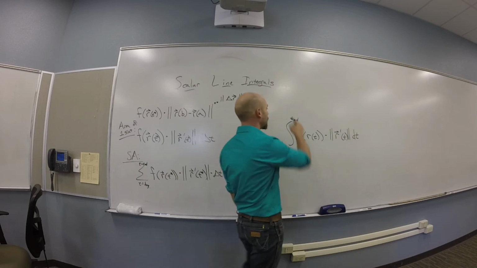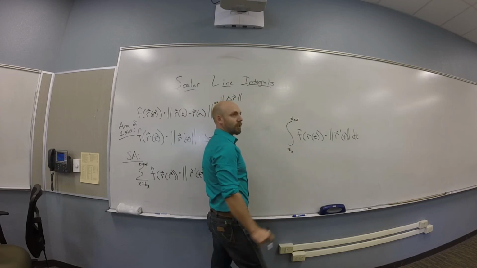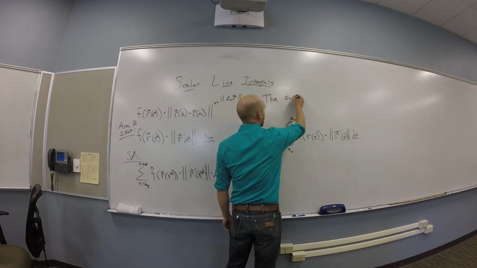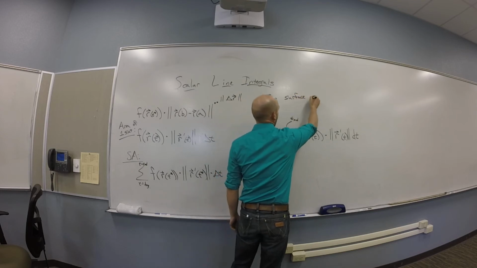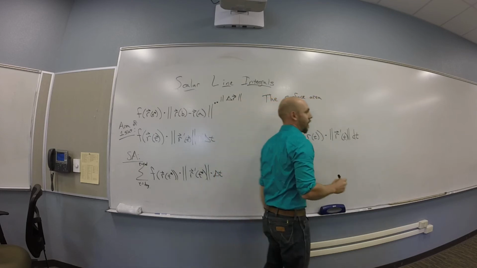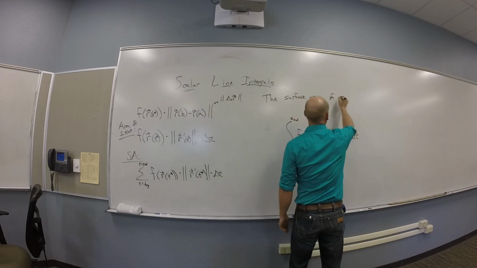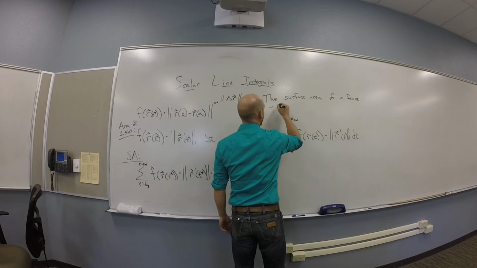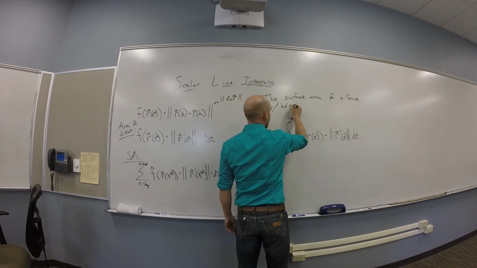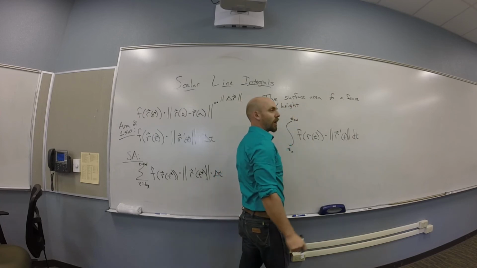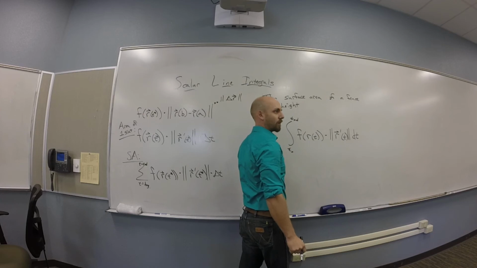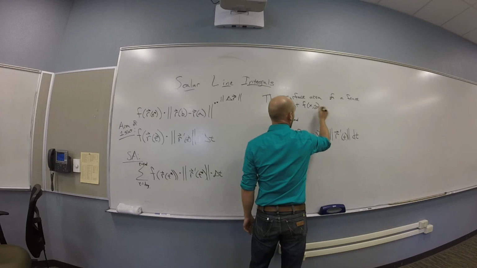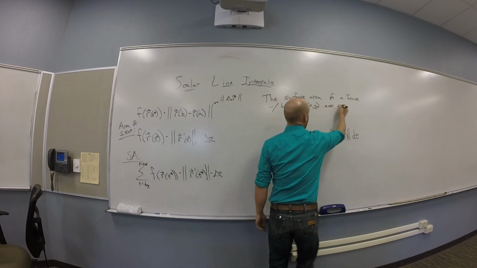Okay. And what was the interpretation of this thing? So this is the surface area of the fence with height, what was your height function? f of x, y. f of x and y, traced by the curve.